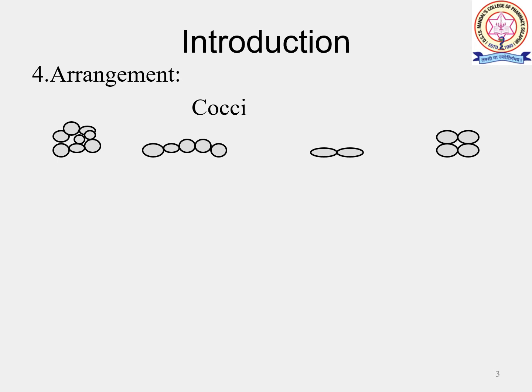In cocci, there are 4 different types of arrangement. This particular arrangement is known as pair because they are in pair. Tetrads have 4 organisms. Then it is the chain type of structure, and this is cluster. It has complex structures.